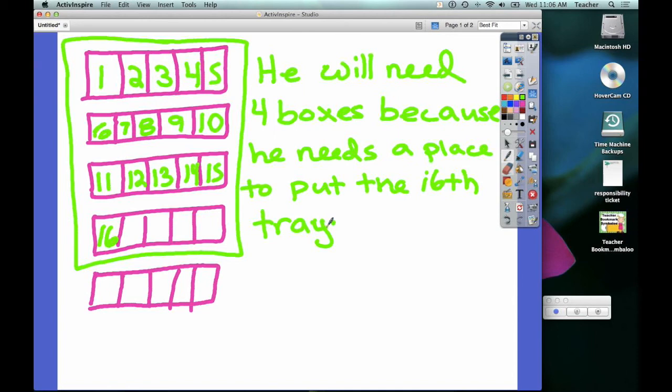He will need 4 boxes because he needs a place to put the 16th tray. Can't just carry it. Might spill it all over himself. If it was me, I would spill it all over myself.